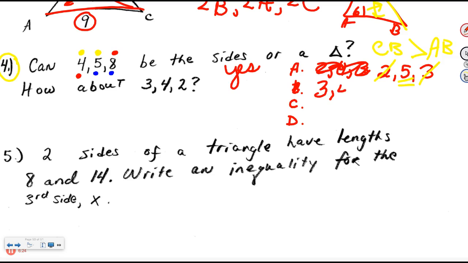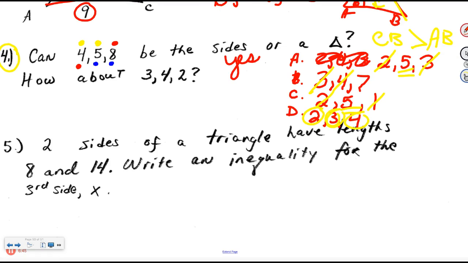This one can't be because 3 plus 4 doesn't outstretch the 7. This one can't be because 2 plus 1 isn't bigger than 5. This one can be because 2 plus 3 outstretches 4, 3 plus 4 outstretches 2, so it would be D. So you actually have to test them separately if it's multiple choice.